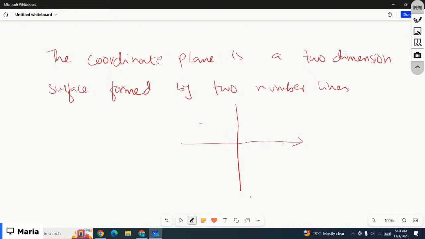The horizontal axis is the x-axis, this is the origin, right? The intersection of both the x and y axes is the origin. The horizontal axis is the x-axis, the vertical axis is the y-axis, right? On the right hand side of the origin are all the positive values of x. You have 1, 2, 3, and so on.